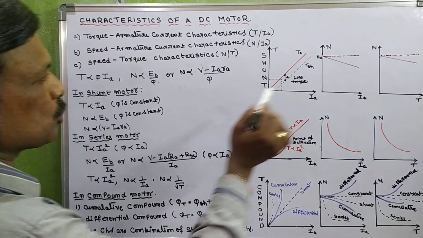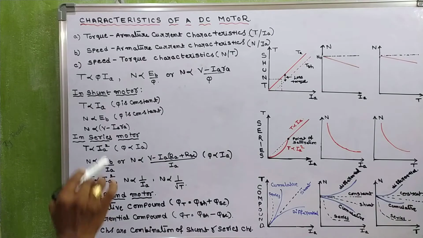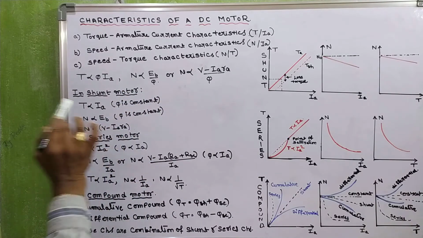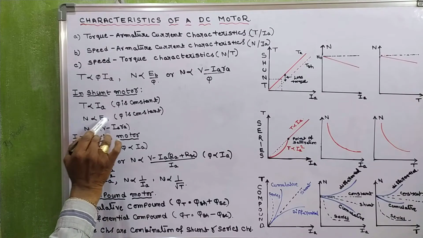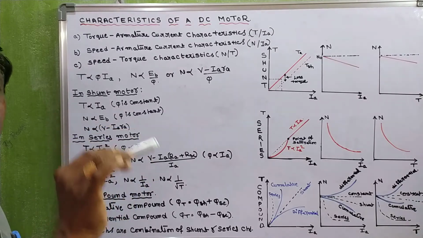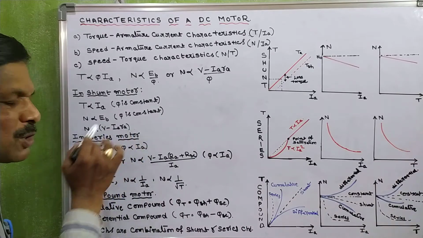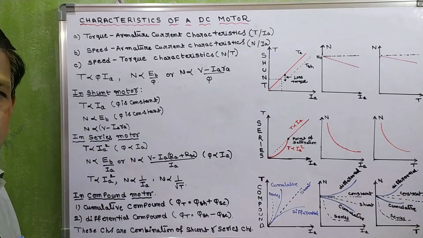Okay, and coming to N by Ia characteristics for shunt motor. N is proportional to EB, and phi is constant. So N is proportional to EB, or N is proportional to V minus Ia RA. Here RA is very small, so the change in drop is also small.